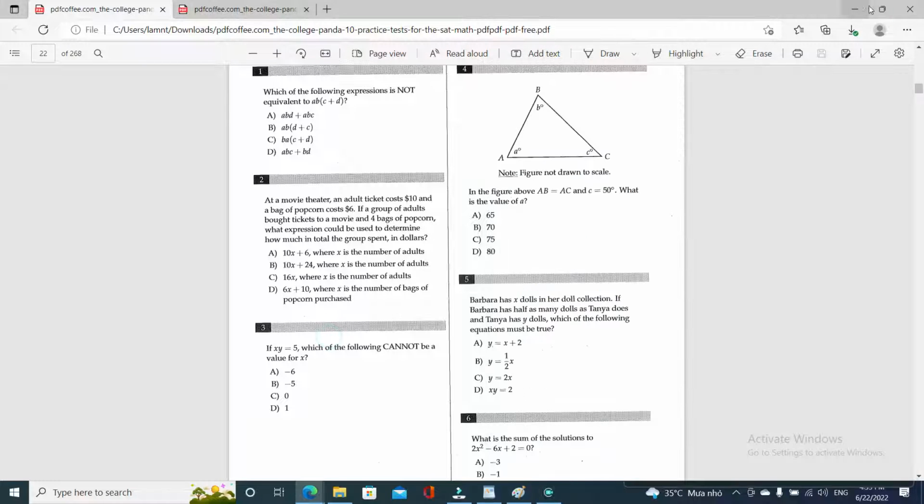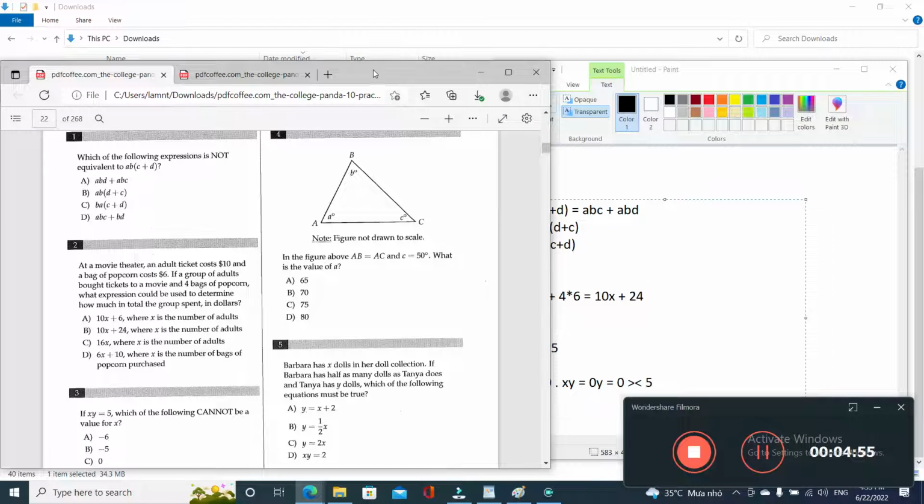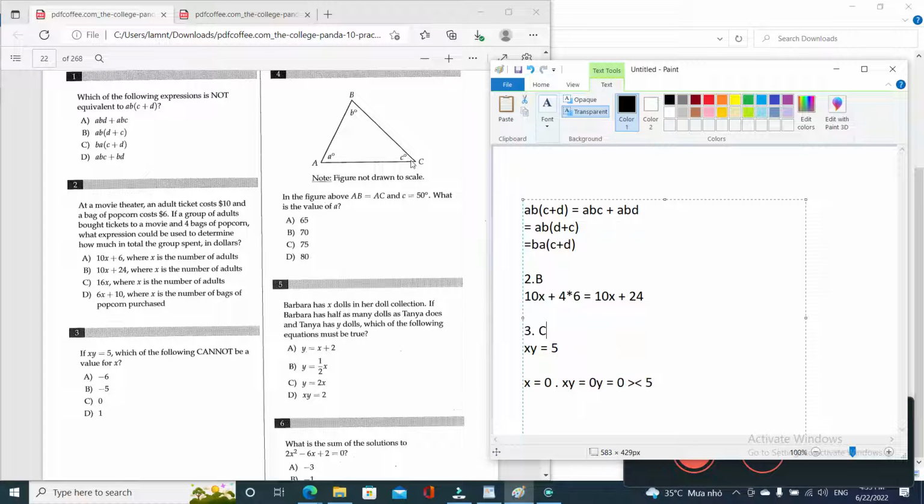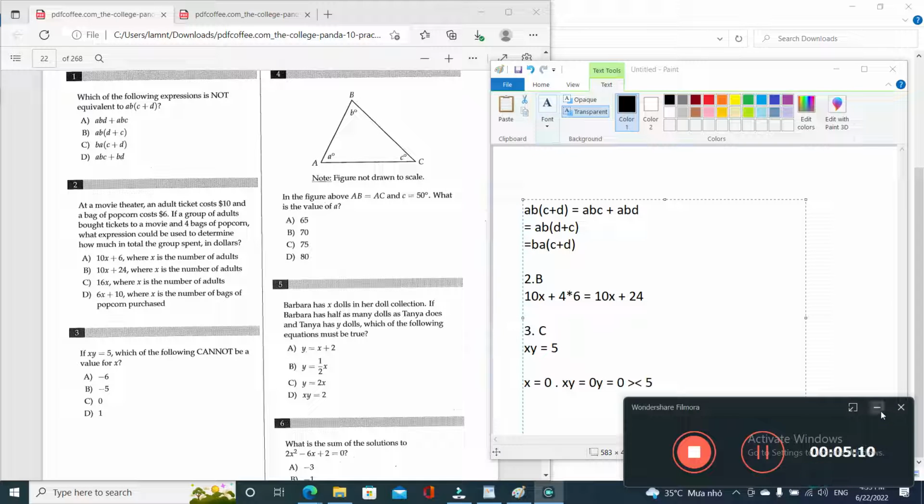Alright, number 4. In the figure above, AB equals AC and angle C is 50 degrees. What is the value of A? Because AB equals AC, this is an isosceles triangle, and angle B equals angle C because those are the base angles of the isosceles triangle.